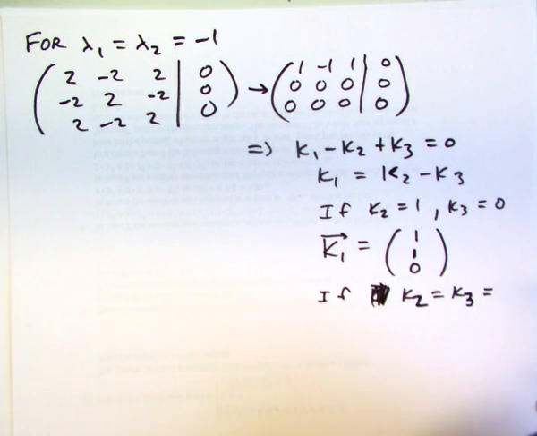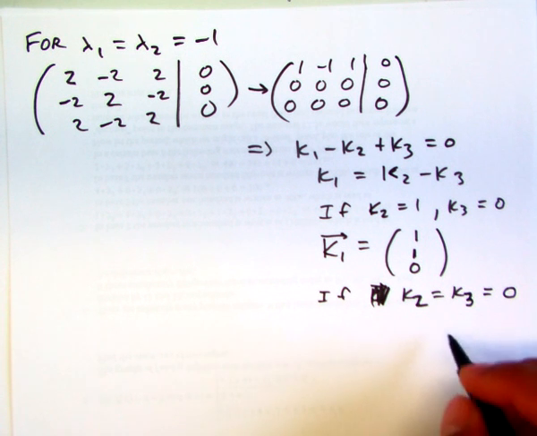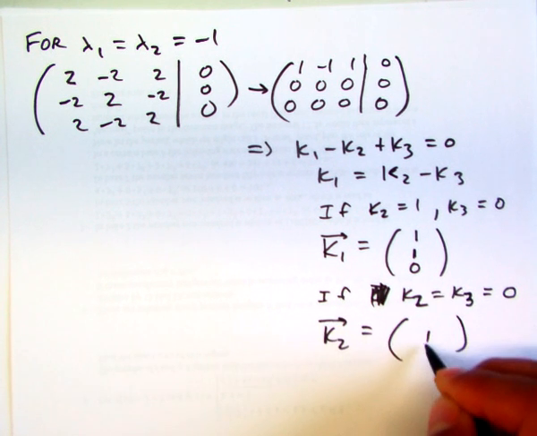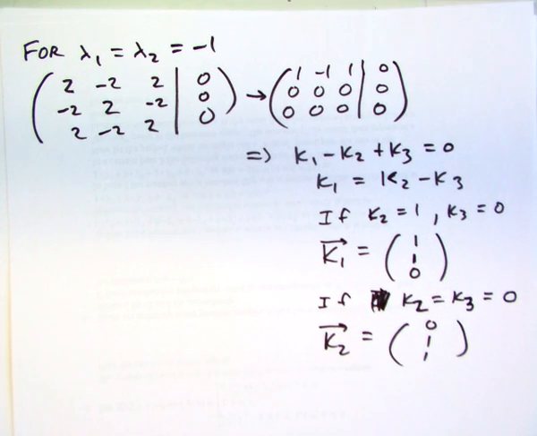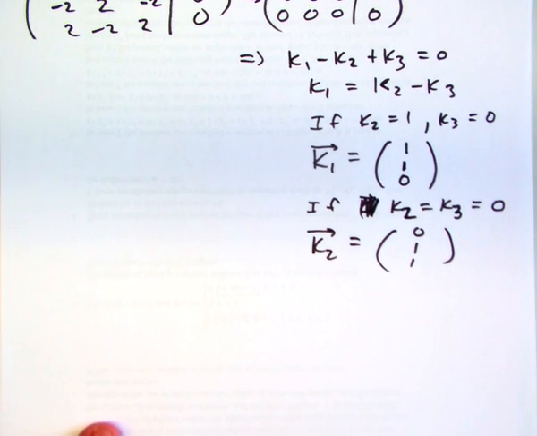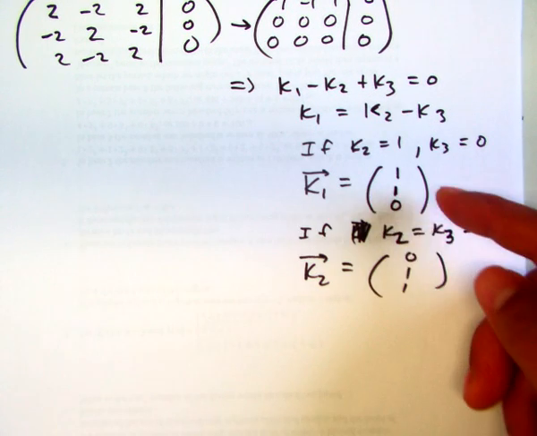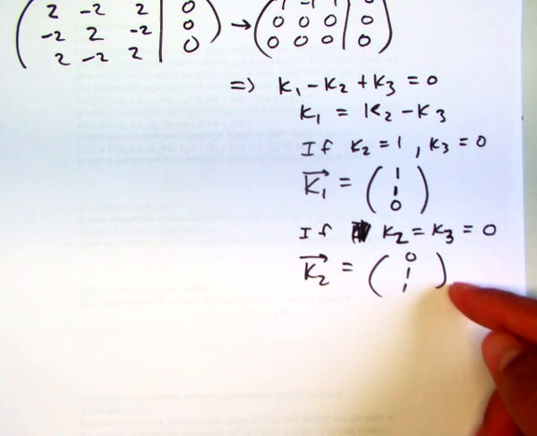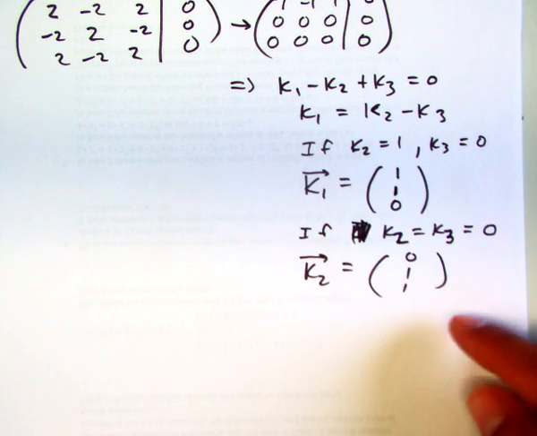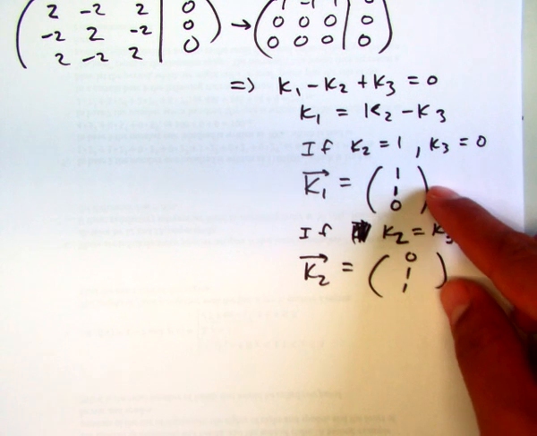And what's the easiest choice to make for k2 and k3 then? Let's just make those both 1. So now we get this other eigenvector. So this relationship holds for this eigenvector and this one. And these are linearly independent because it's pretty clear to see that this is not a multiple of k1 and vice versa. Does that make sense?